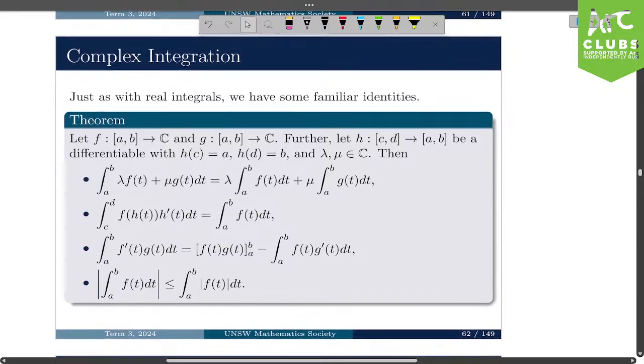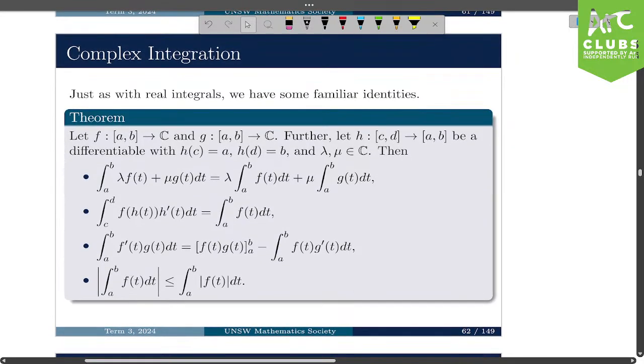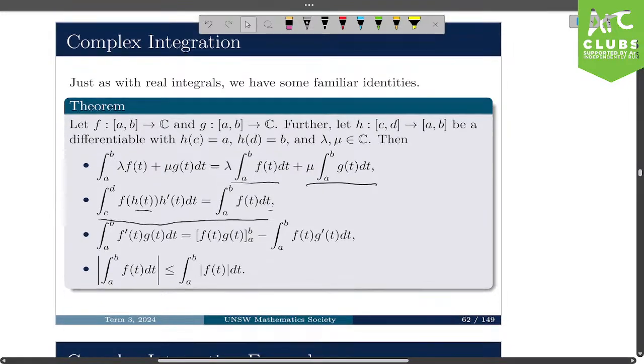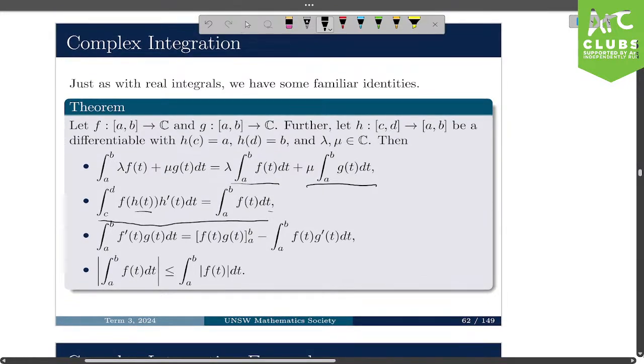Just as with real integrals, we have basically the same identities. Adding together two integrals or multiplying them by some constant is going to yield the same results. So you can separate them out and bring the constant out of the integral. You can use substitutions, here the substitution was t equaling h of t.